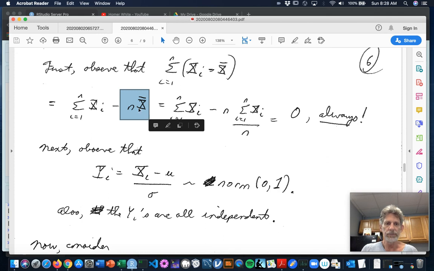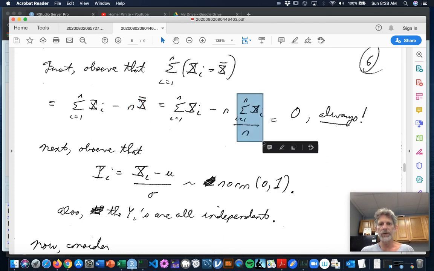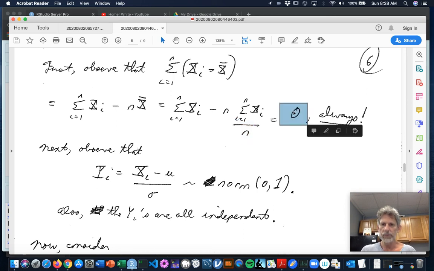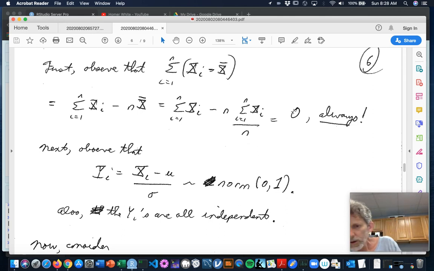That's just n of them. Now, by definition, X bar is the sum of the Xi's over n. So once you cancel out those n's, then you've got the sum of the X bars minus the sum of the X bars. That's 0. So the sum of the deviations of a sample around their sample mean is always 0. Nice to know.